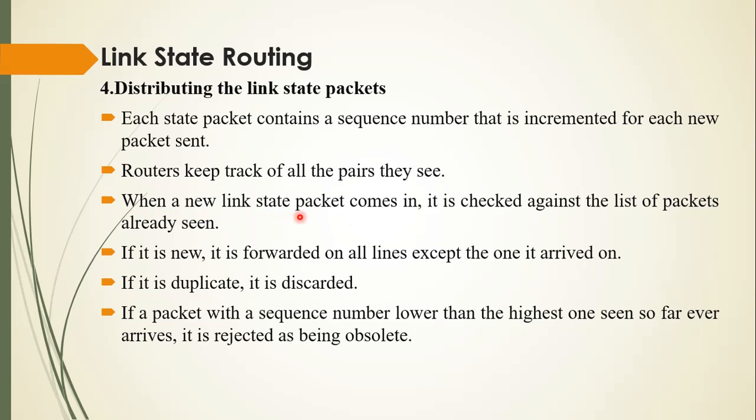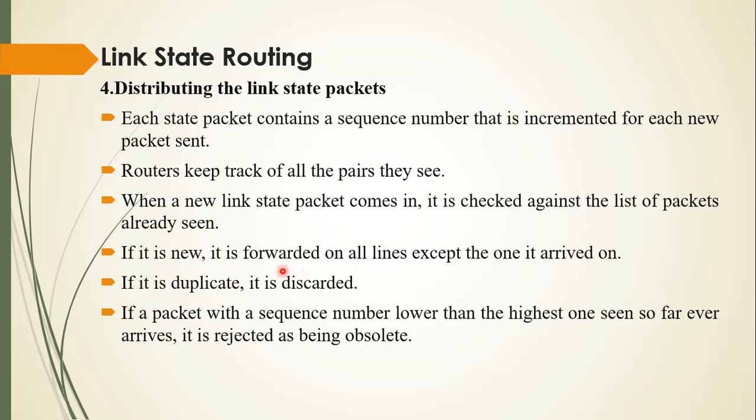When a new link state packet comes in, it is checked against the list of packets already seen. Suppose a router has a list of six packets, with sequence numbers 1 2 3 4 5 6. Now when a new packet arrives, it checks the list of packets again.